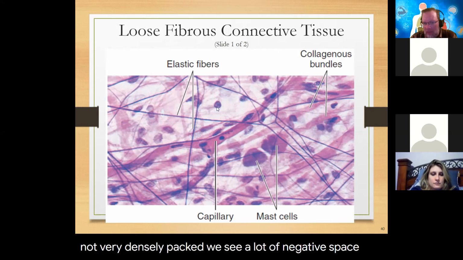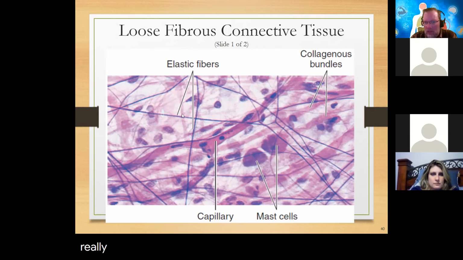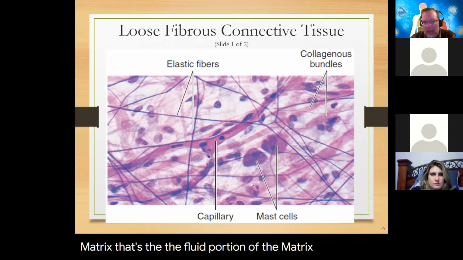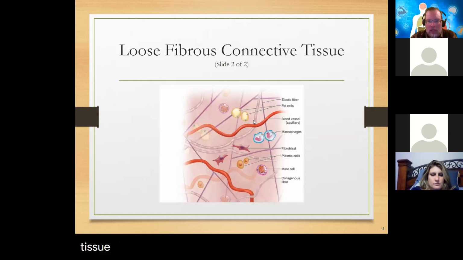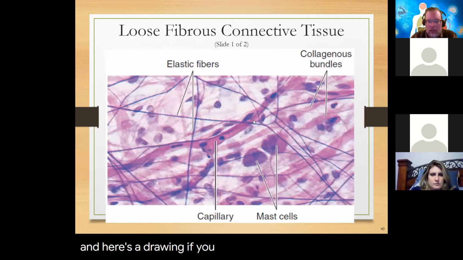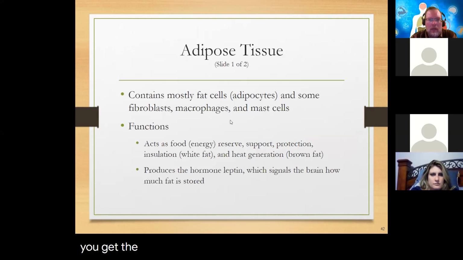By negative space, I mean all those areas where you don't really see anything. That's going to be fluid primarily. That's the fluid portion of the matrix. We see some mast cells and some collagen fibers and some other cells. So anyway, that's loose connective tissue. And here's a drawing. If you don't like the picture, you get the illustration there, or maybe you like them both.